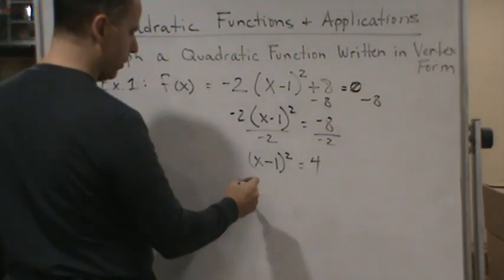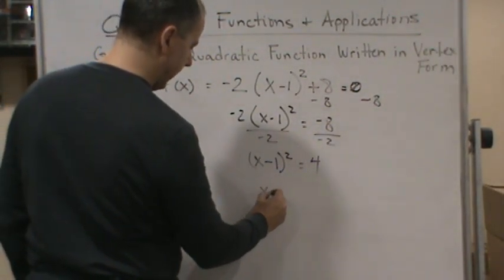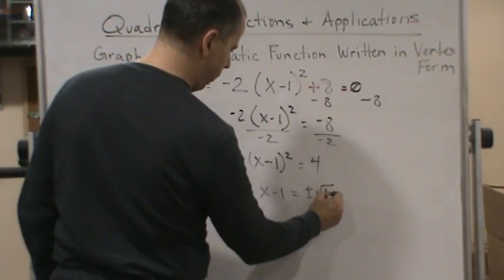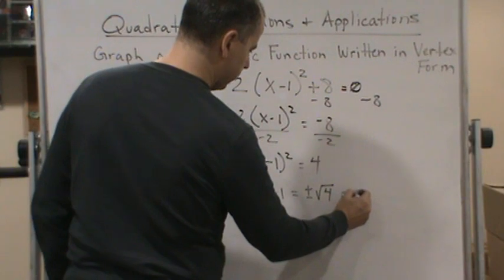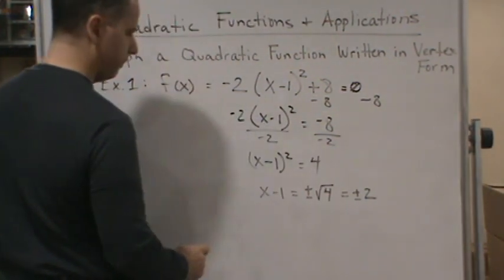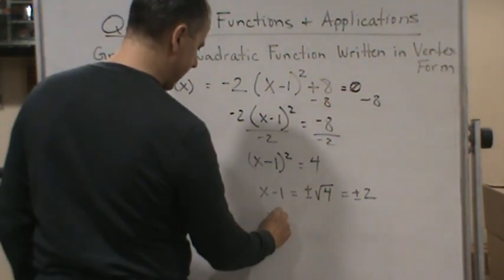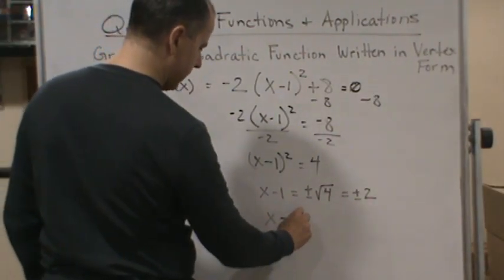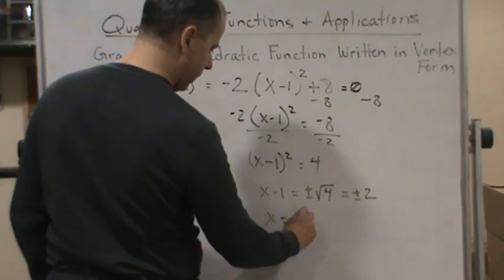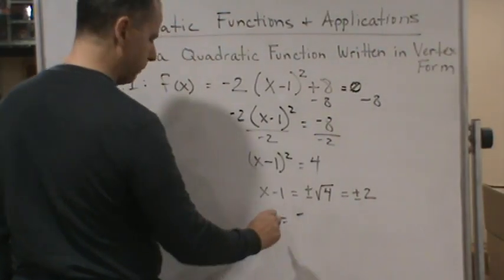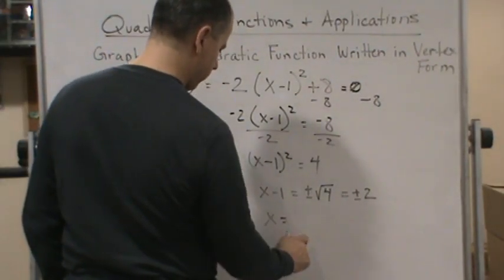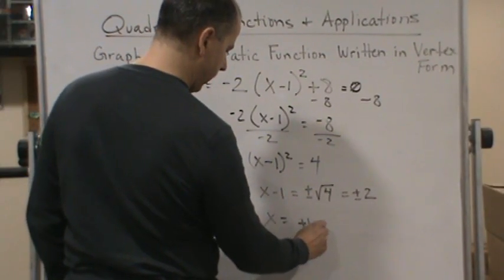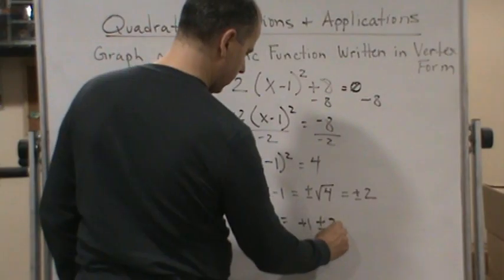And now if we take the square root of both sides, we get x minus 1 equals plus or minus the square root of 4, which we know equals plus or minus 2. And so now we're going to add 1 to both sides, which gives us x equals +1 plus or minus 2.